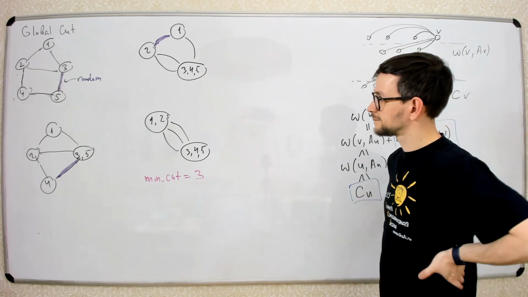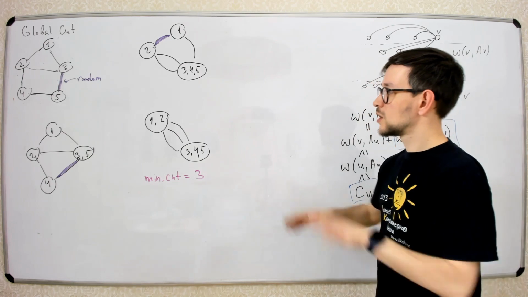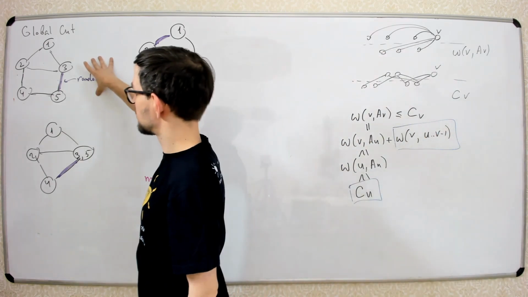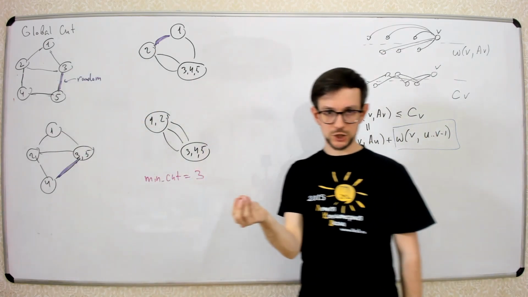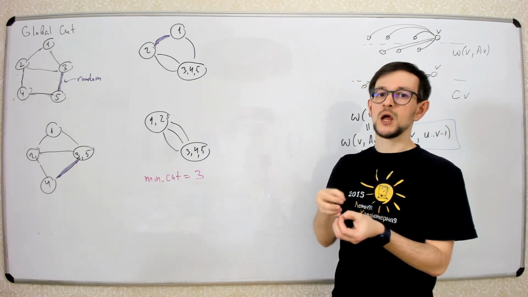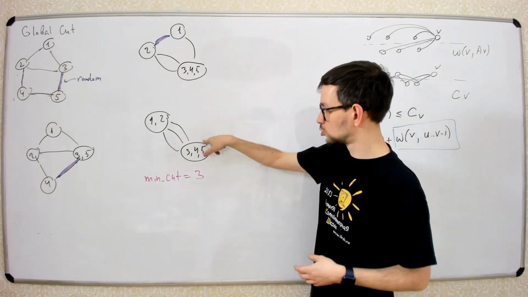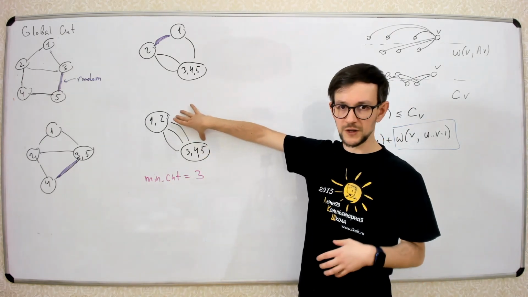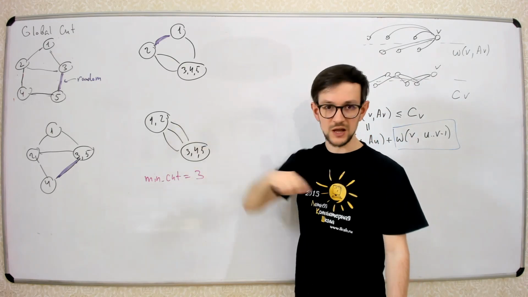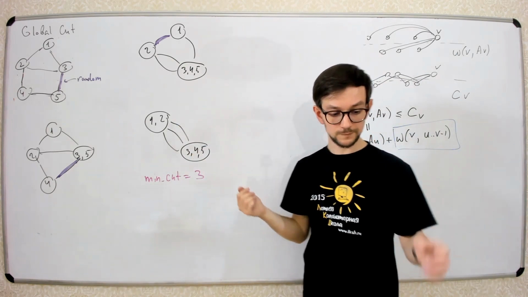Ta-da! Very easy. That's the whole algorithm. Again, we start from this graph. Each time we pick some random edge, and we merge the nodes of this edge, and continue until we have only two nodes. When we have only two nodes, we can simply calculate the minimal cut just by counting the number of edges between these two nodes. That's all.